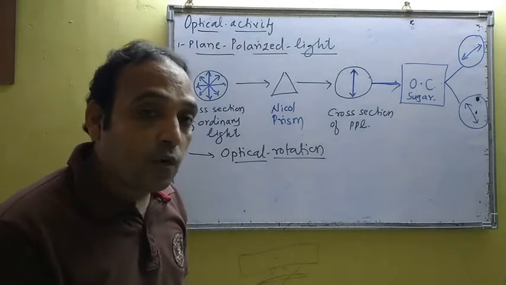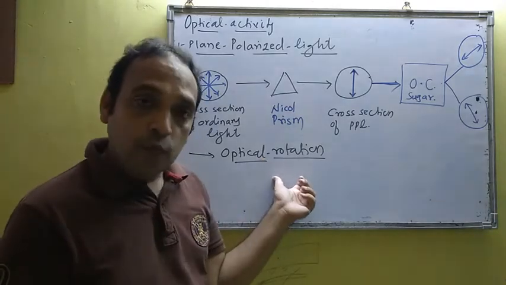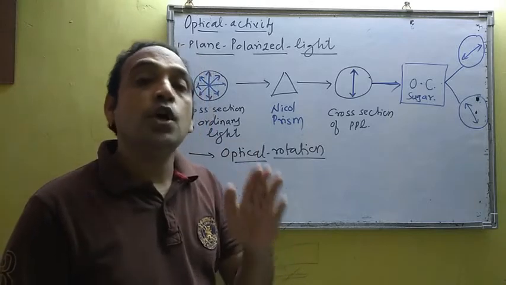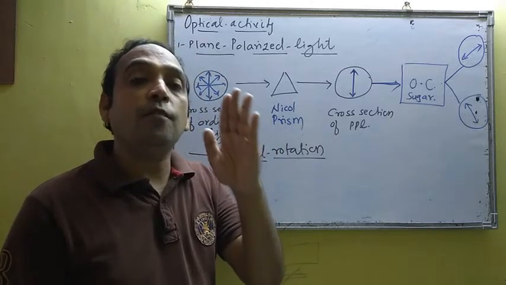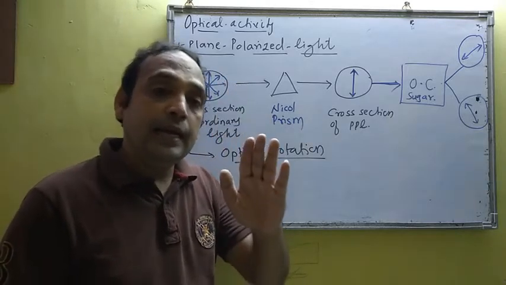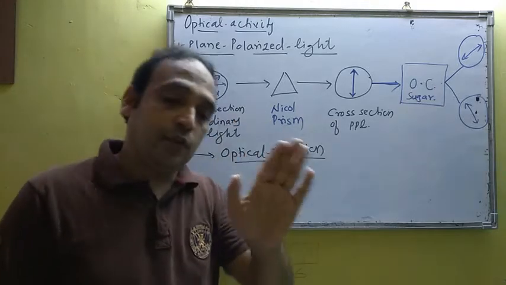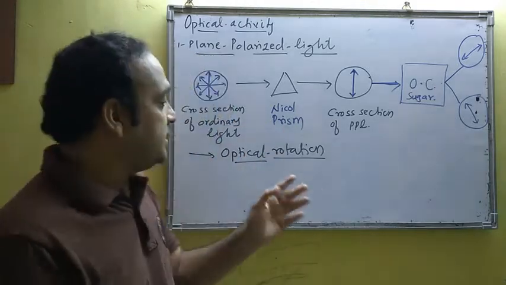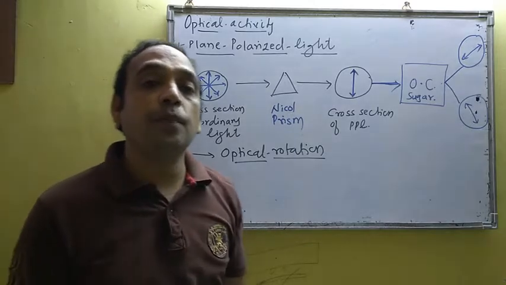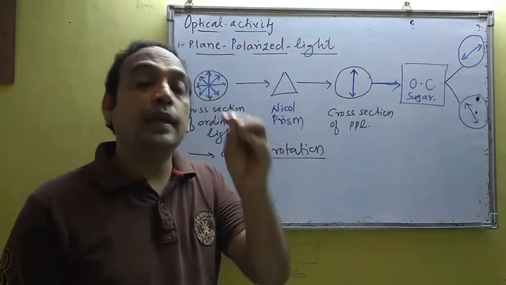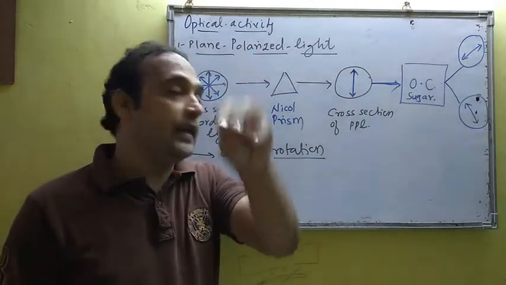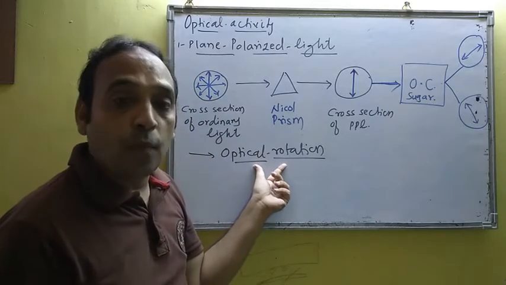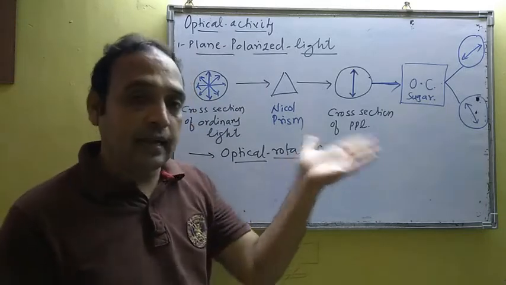What is the optical rotation? The angle through which a substance rotates the plane of plane polarized light towards right or left, clockwise or anti-clockwise, that angle is called optical rotation. So optical activity is experimentally measured in terms of optical rotation, that is theta, angle is given to you.